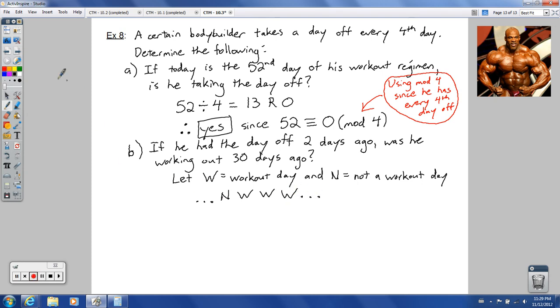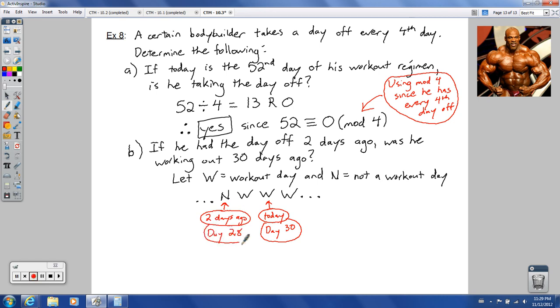So if this is today, I could consider this to be day 30 because we're talking 30 days ago. This would be 2 days ago right here. And if you go back 2 days, 1, 2, you got day 28.